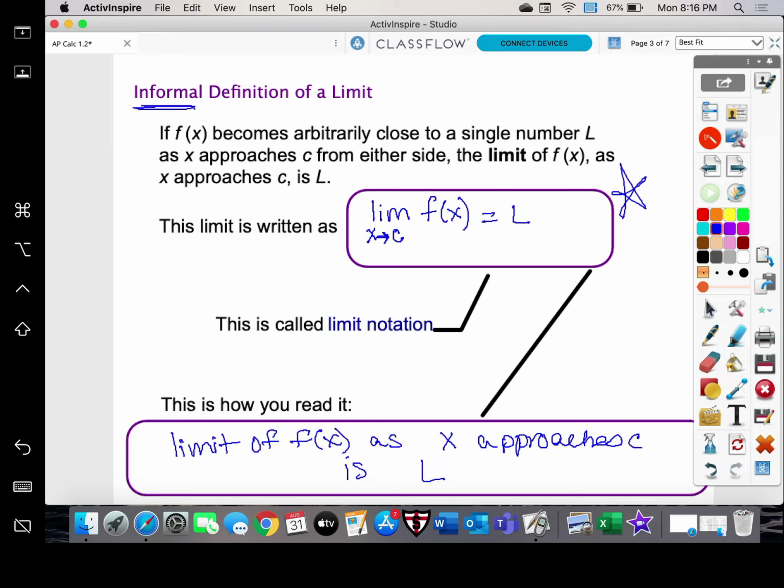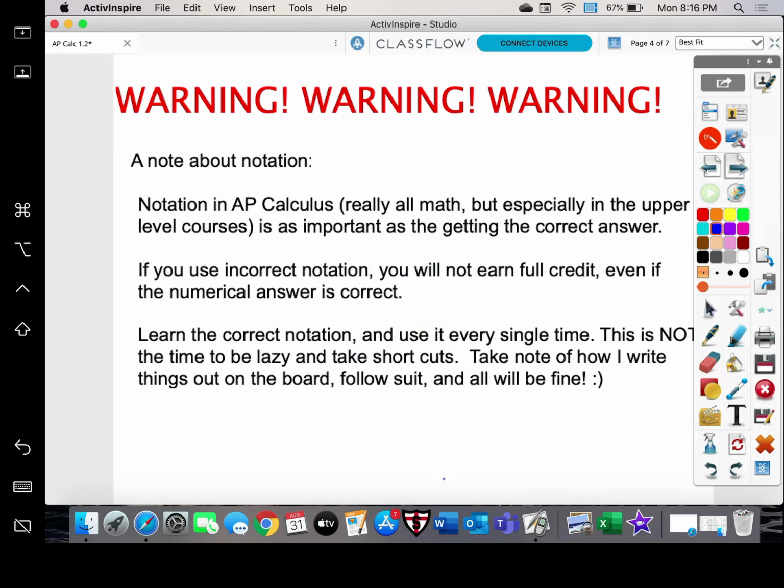Limit notation is going to be really big in this first part of chapter 1 for sure. I've warned you. Here's another warning. The notation in AP Calc especially is super duper important.